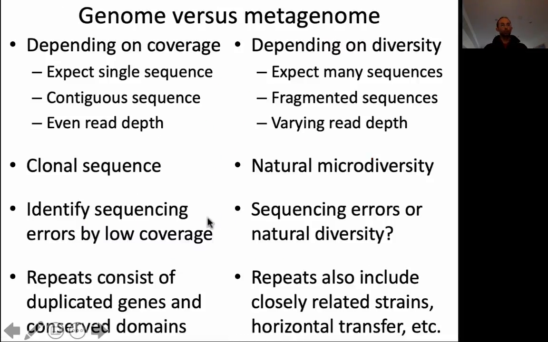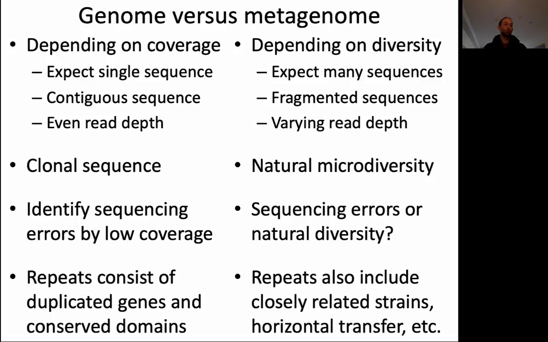So if we compare genome versus metagenome assembly, then we've already discussed a little bit how we expect a single sequence to emerge from a genome assembly, depending of course on the coverage of the genome. Do we have enough data to represent the full genome sequence and assemble it?